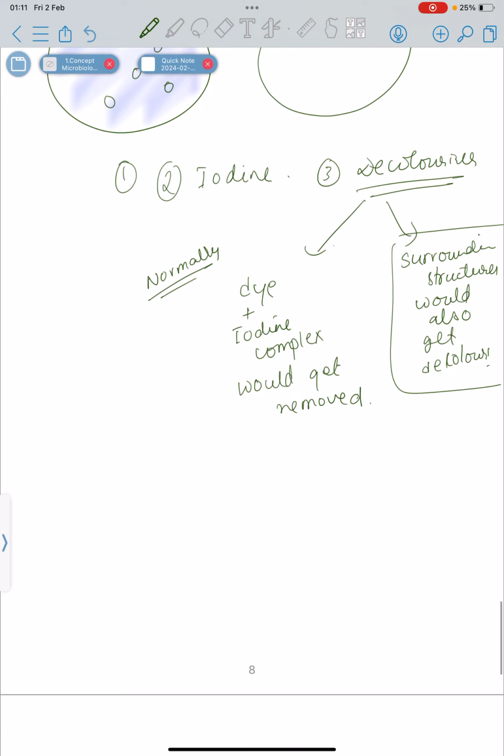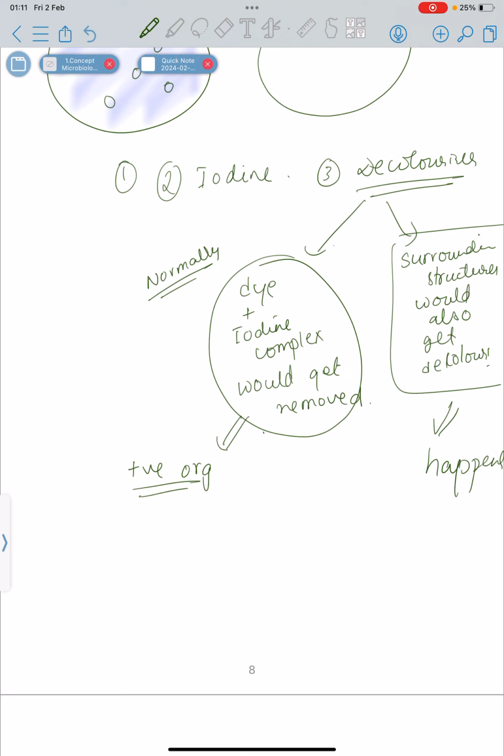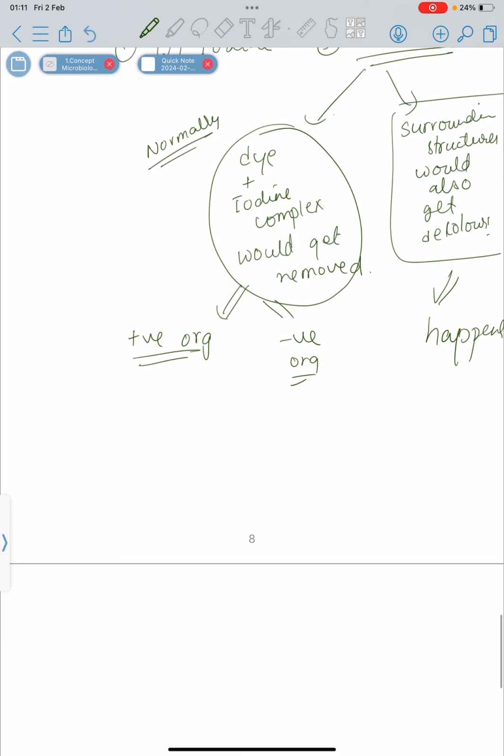This second thing happens. This dye and iodine complex gets removed in the case of gram positive organisms, and in the case of gram-negative organisms, it is very different. In gram-negative organisms, you might know the peptidoglycan layer is very thin.